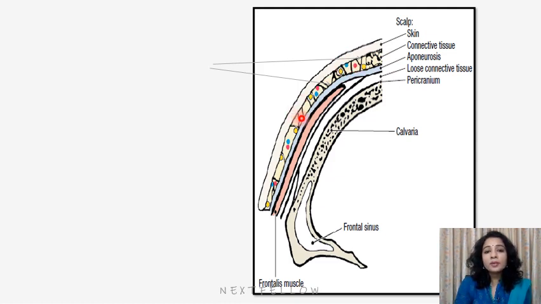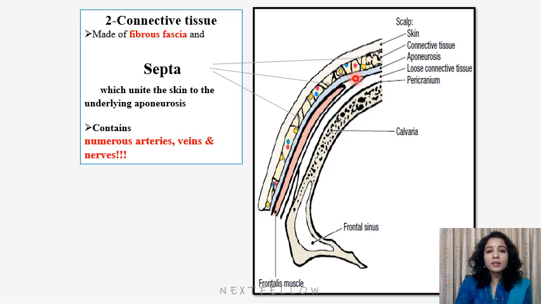These septa firmly bind the skin with the aponeurosis and occipitofrontalis muscle. So the fibrous septa divide this layer into small numerous pockets which are containing the lobules of fat, and the blood vessels and nerves of the scalp lie in this area.